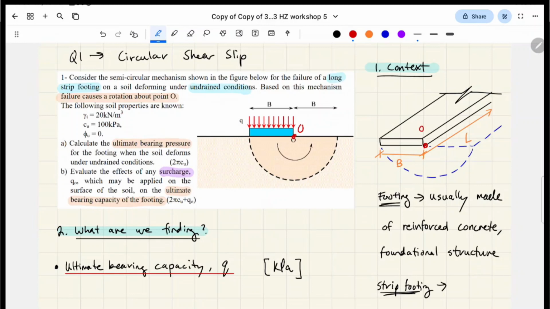So first I'm going to give some context. What we're looking at is a footing. A footing is usually made out of reinforced concrete. It's a foundational structure, so usually there's something on top of it, usually a lot on top of it, which gives it a lot of loading. In this course, we're not going to care about the strength of the concrete.